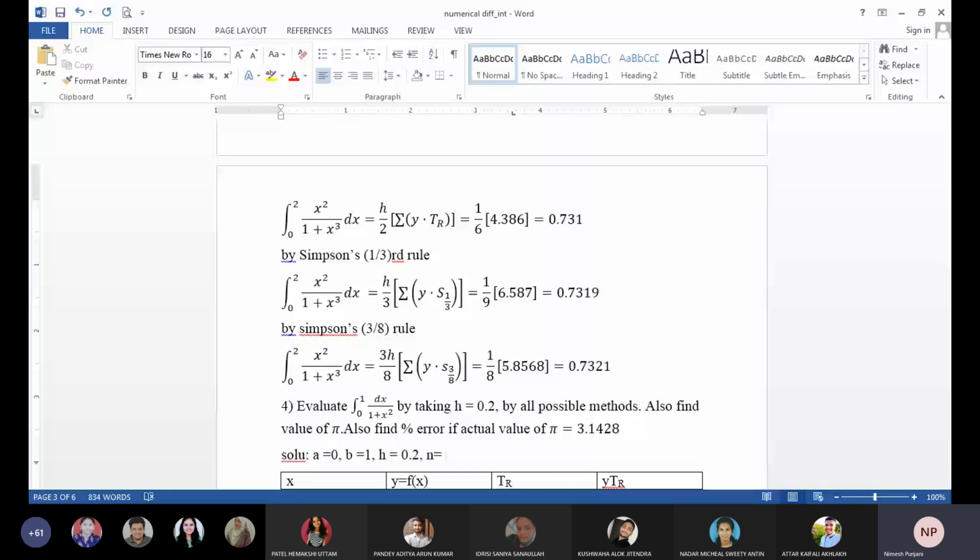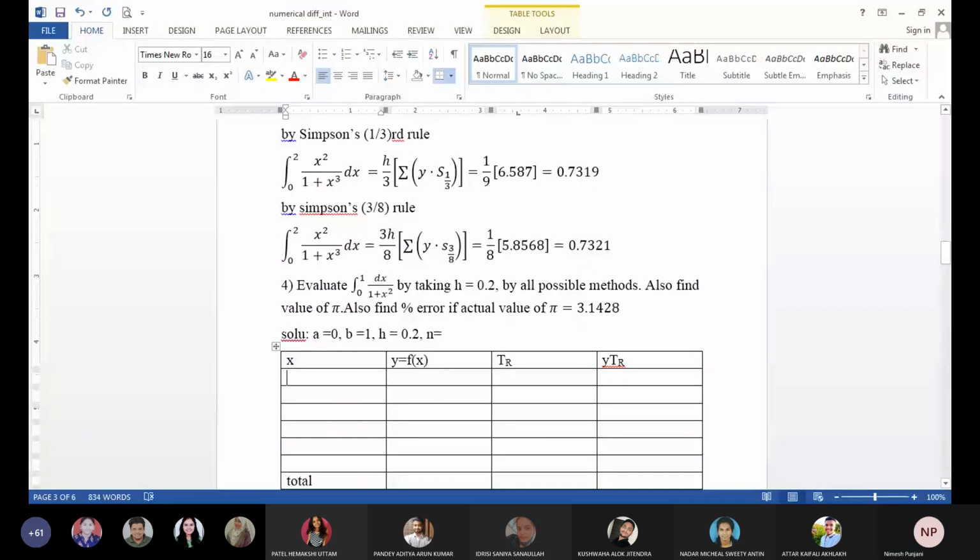You will tell me what are the values of x, and then we will conclude what will be my n. So tell me, what is the first value of x? 0, right? Next value? 0.2. Next, 0.4. Very nice. Next, 0.6.